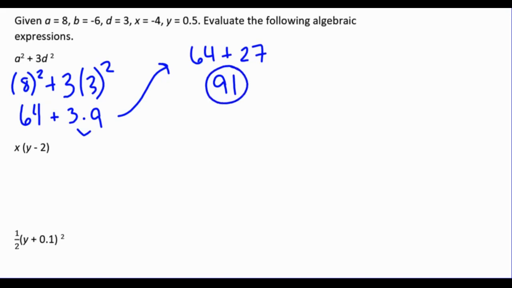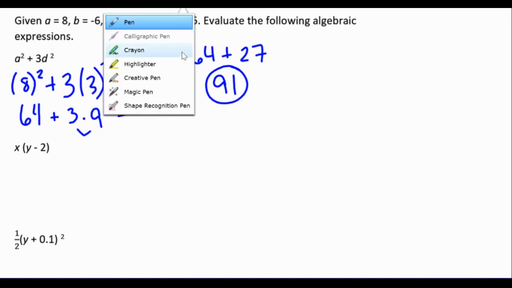Okay, so again, like I mentioned, it's really good review for order of operations. I strongly encourage you to check your answer in a calculator, but I don't encourage just typing it in the calculator. That's not good practice to make sure you're really understanding what you're doing, but it's great practice to check it at the end, because then you're doing it yourself by hand, and then you're also practicing on the calculator.